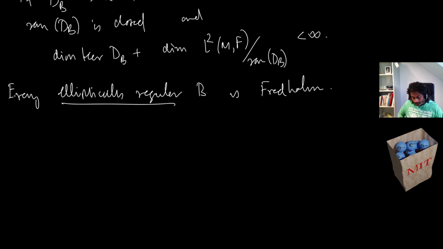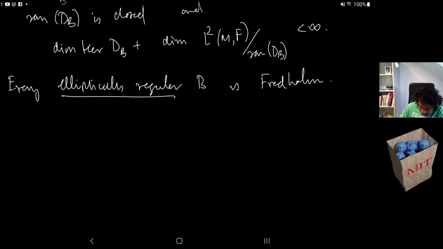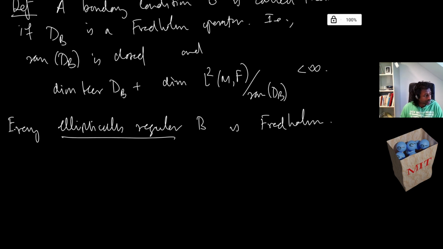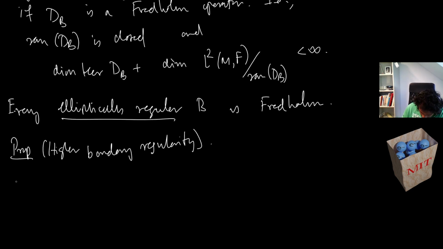And I just want to end this discussion of the results pertaining to this with this last proposition. So this is higher boundary regularity. This is the closest thing that you will get to elliptic regularity. So we can characterize the elements of the domain of D max that are in H^{s+m}.